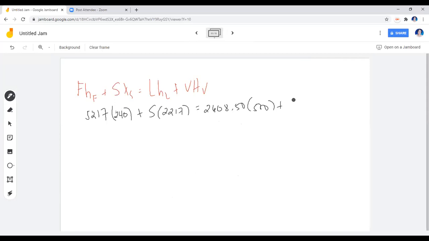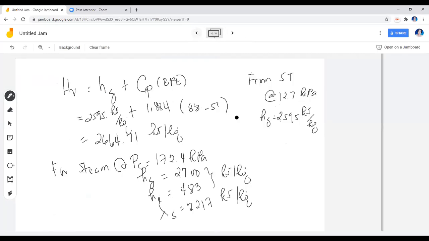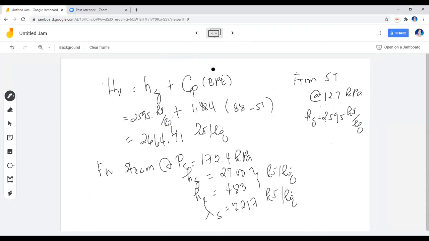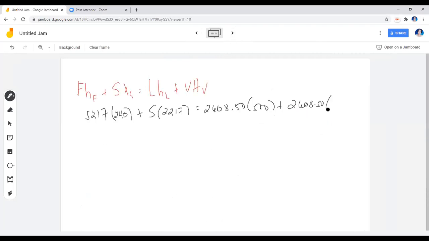And you have the vapor 2608.5 and HV, which accounted for the superheat, which is 2664.71. Excuse me, we can place this as 2665. I'm rounding it up. So you now have the S.